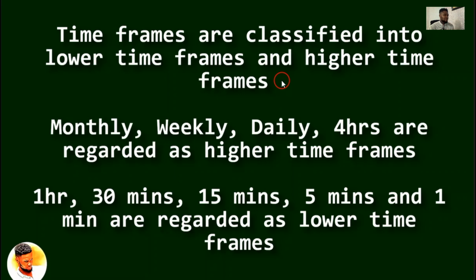Using the lower time frame, you're going to get a little more confused because of its randomness. So for this exercise, pick the daily time frame precisely. The 1 hour, 30 minutes, 15 minutes, 5 minutes, and 1 minute are regarded as lower time frames. So this exercise is meant for the higher time frame.